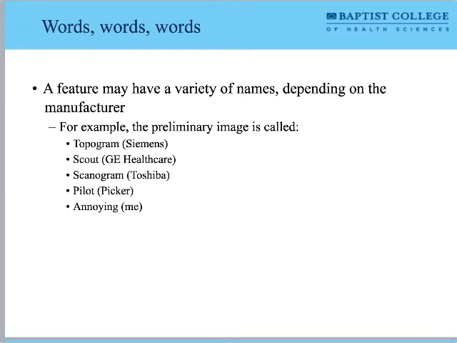If I start talking about, oh, the scout did this or that, and you have no clue what I'm saying about this wonky term, please raise your hand, because chances are no one else knows what I'm talking about. I'm talking about some weird specific thing about Siemens, when really I should be generalizing. It's a trap that I fall into. The textbook points this out on page 4. So we need to be able to generalize this.